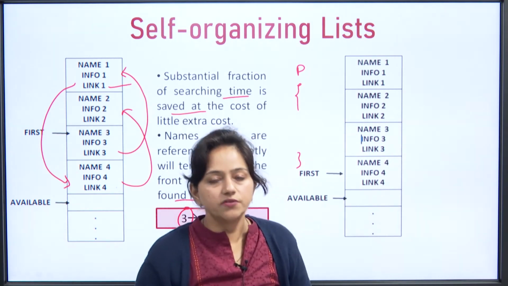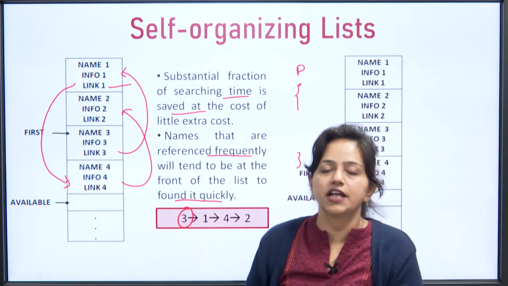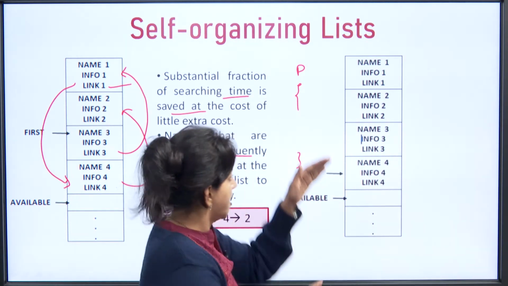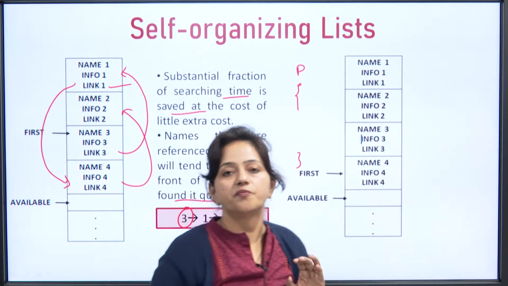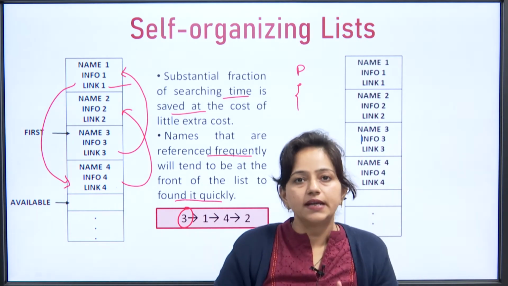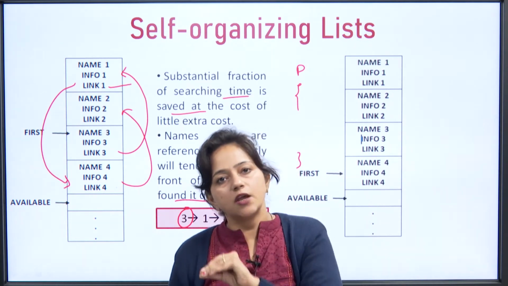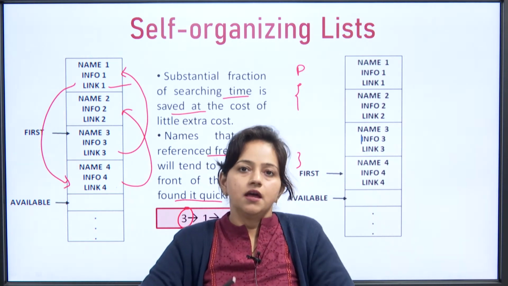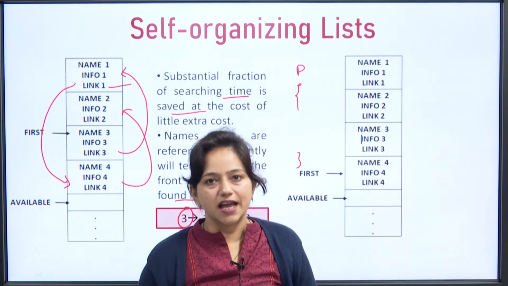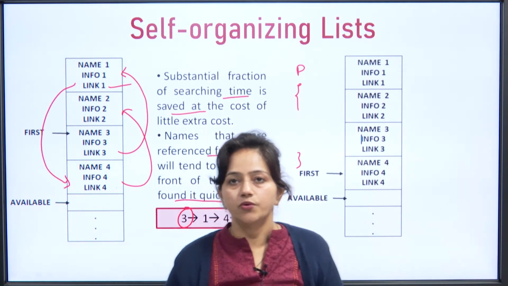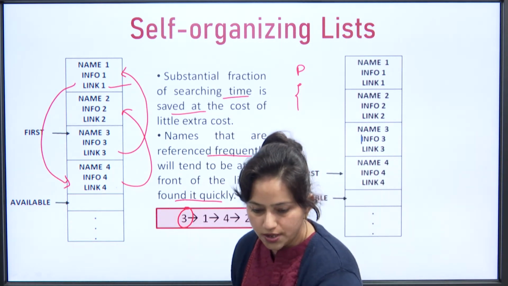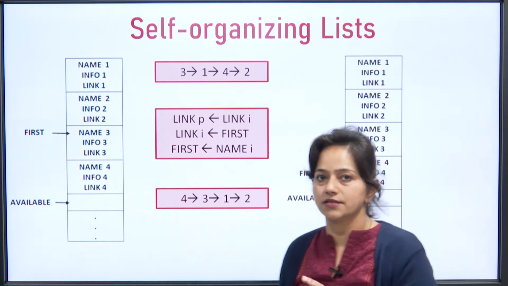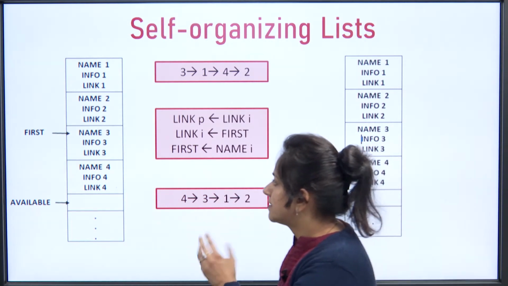The variables that are referenced frequently in a particular small section of the program, we add them at the beginning of the list. So we organize the list when a particular name is encountered. We just change the pointers whenever a particular name is referenced.